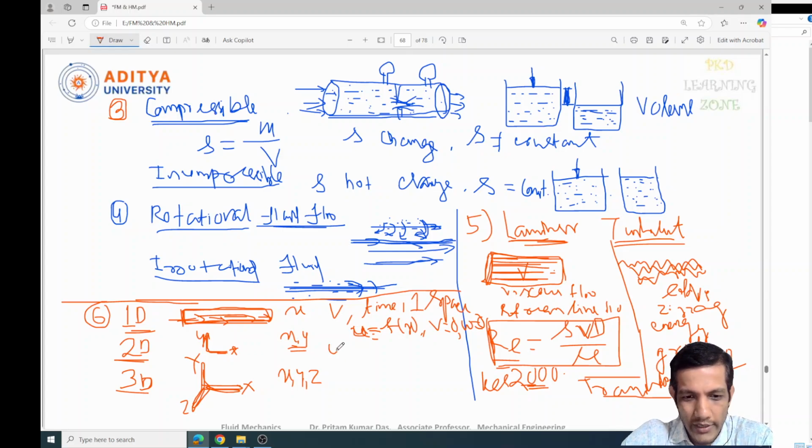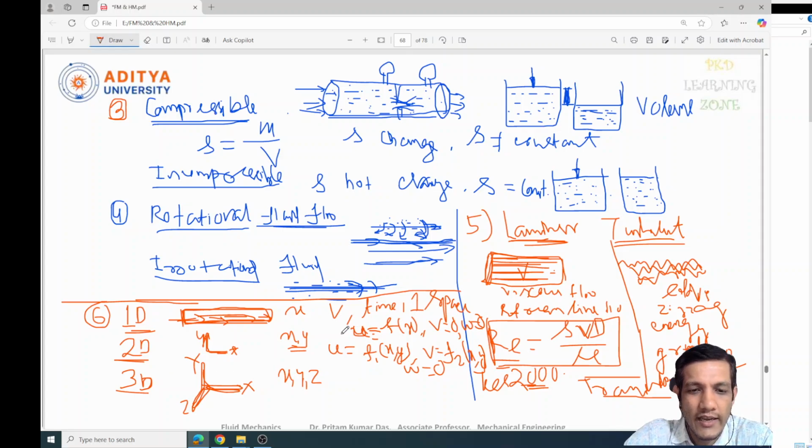So here we can write u is a function of x as well as y, and similarly v is a function of, you can write f1, and here you can write f2, that is here x and y. So two functions are there. But what about the w? W will be 0 because there is nothing in the third coordinate.